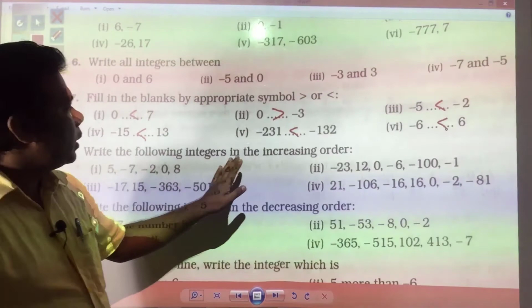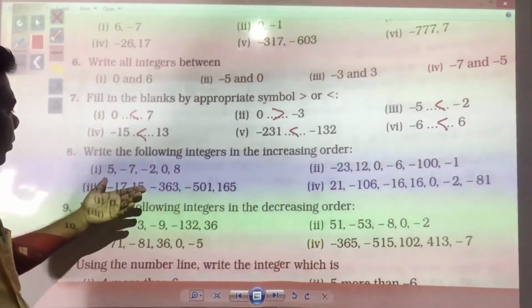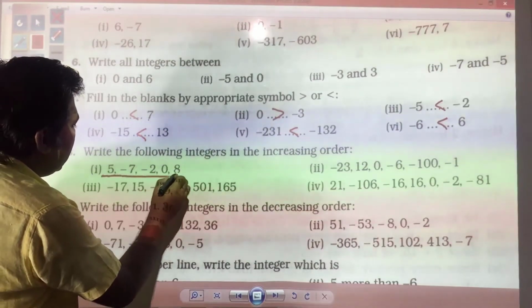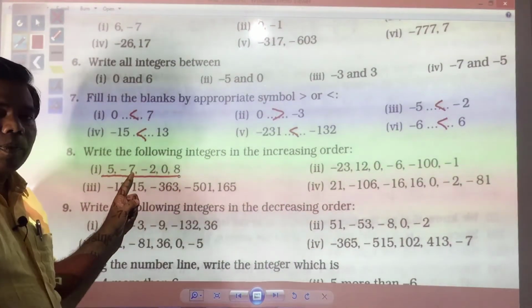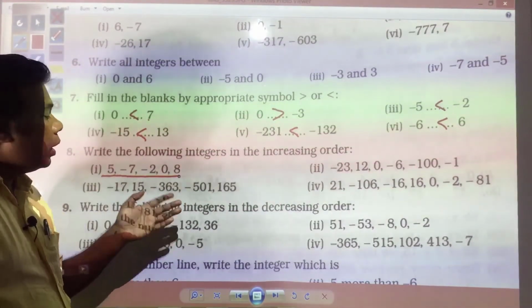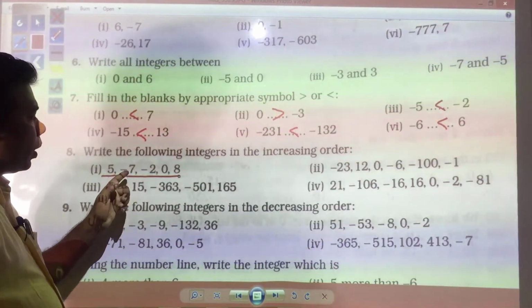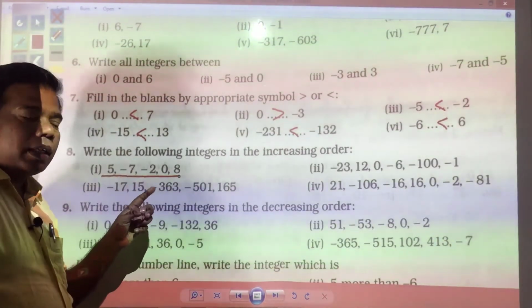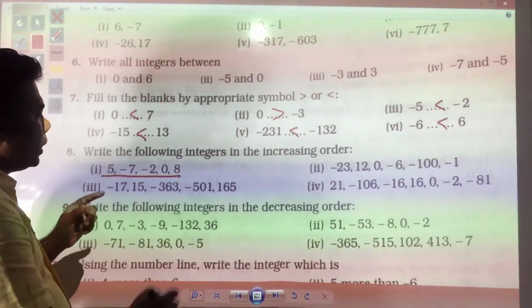Write the following integers in increasing order. So, here what you need to do? You need to recognize the smallest one. Just see negative first. In negative, if the number is higher, it means 7 with a negative sign, then that will be the smallest number.